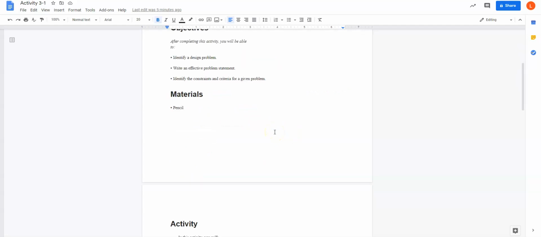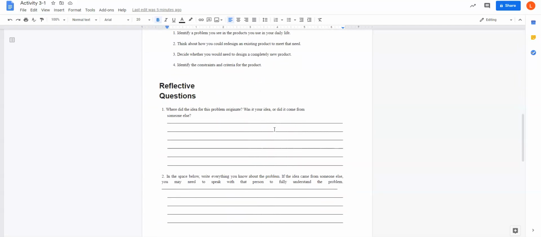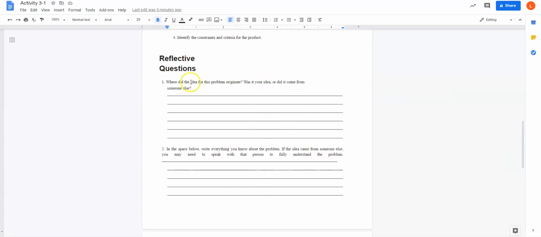So, coming down to the actual activity, it's just answering the reflective questions. So, I'm going to go through this really quickly with just brainstorming. So, where did the idea for this problem originate? Was it your idea or did it come from someone else? So, the idea that I have is coming from myself, and it's coming from a problem that I have with a set of headphones that my wife purchased for me for when we go on trips.